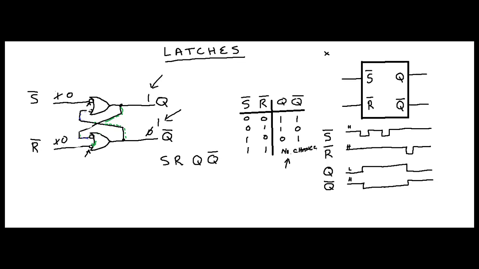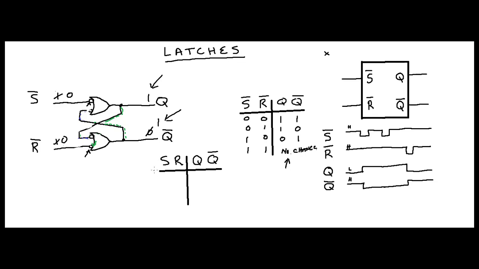Notice this is not negative logic I just drew. This is positive logic. I just want to do both for you to make sure that you get both flavors here. So why don't you pause the video and try to fill out this truth table, then turn it on and we'll do it together.